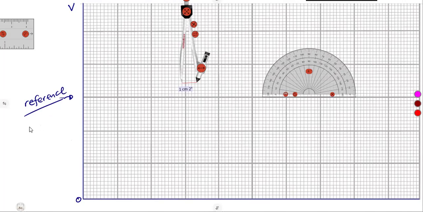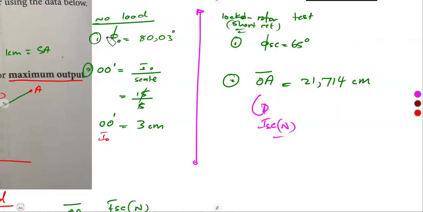This is the major case. So what we need from the reference is the angle in between the voltage and current. Remember, voltage and what? And current. So the current that we're talking about is the no load current.